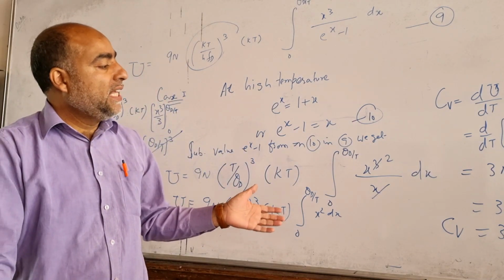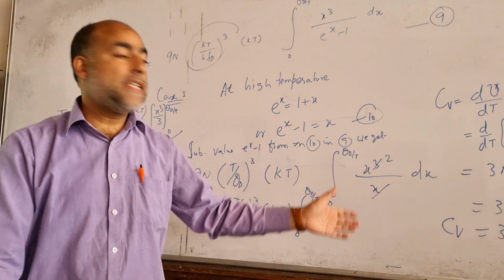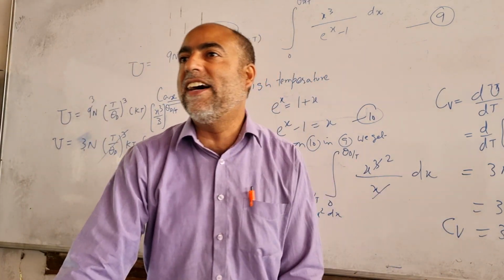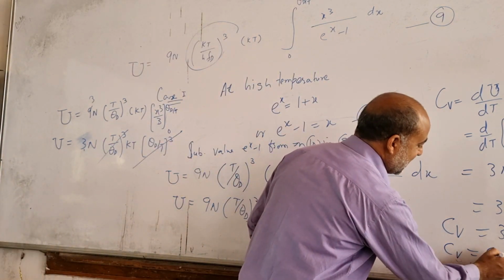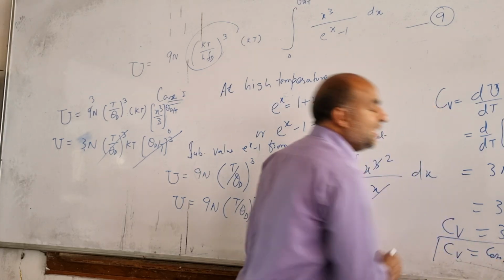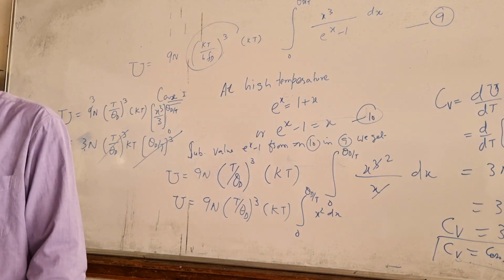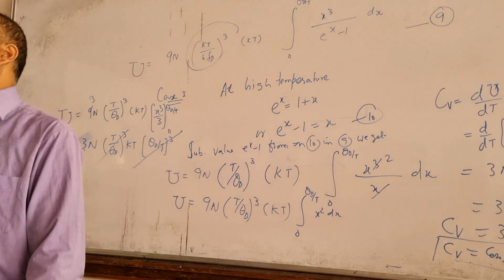With these, we obtained the specific heat at high temperatures. It is again 3R, a constant. That means at high temperature there will be no change in specific heat; it will be a constant curve.